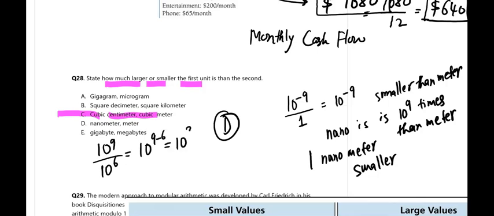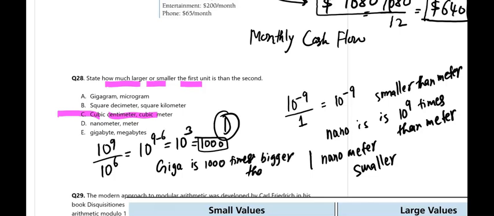Again, 10 to the power 3 is 1000 if you want to see it as an ordinary number. So you can see that giga is 1000 times bigger than mega, right?